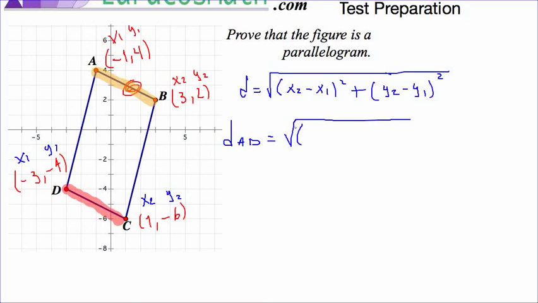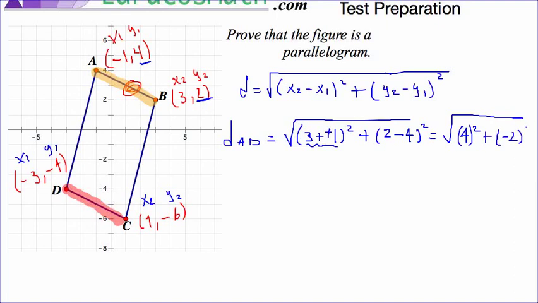Okay, what is x2? x2 is 3 minus x1, that is -1, goes square, double negative makes positive, plus y2. y2 is 2, minus y1, that is 4, this goes square, so this number is 4, this is 4 square, I'm gonna make in a parenthesis, plus 2 minus 4 is -2, and this is square.